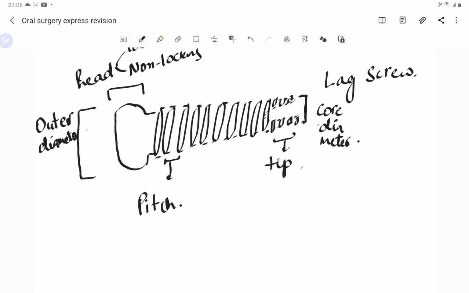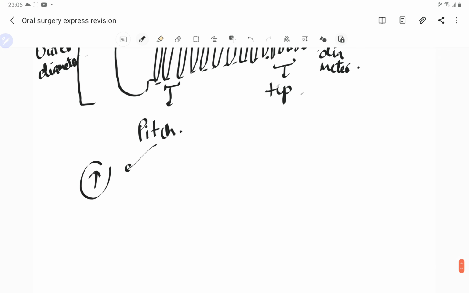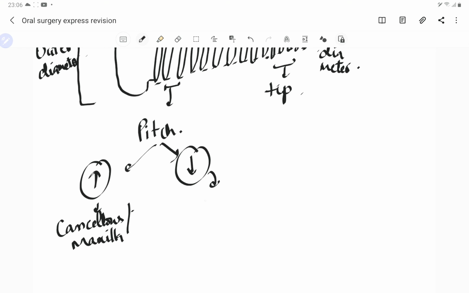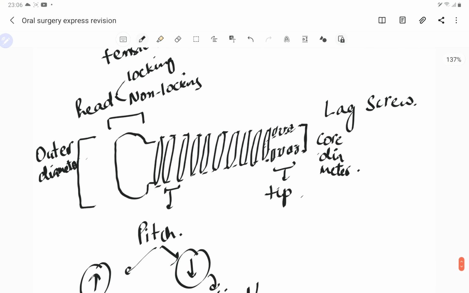If you want to use a screw for the maxilla, the maxilla is a cancellous bone, so we need to use a screw for less dense bone. So the pitch is increased for cancellous bone, or we can say the maxilla, and a decreased pitch screw is what we use for the cortical bone or the mandible. Right. So the tip can again be self-cutting or self-tapping.